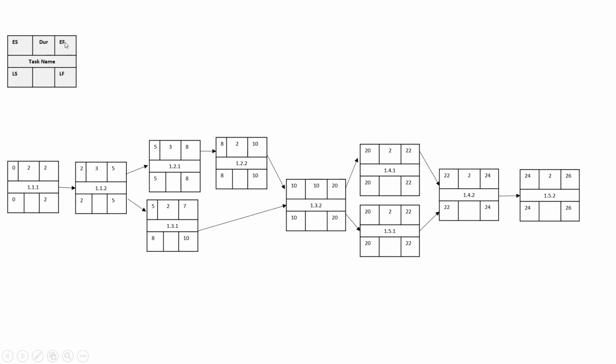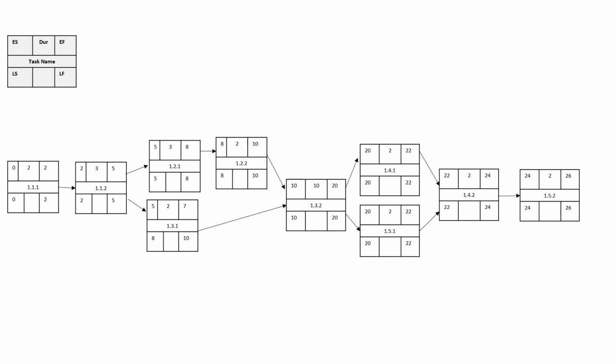Now we can calculate the early finish. The early finish for the first task is going to be the early start of that task plus the duration of that task. So 0 plus 2 is going to be 2. That's where we get the early finish for the first task.